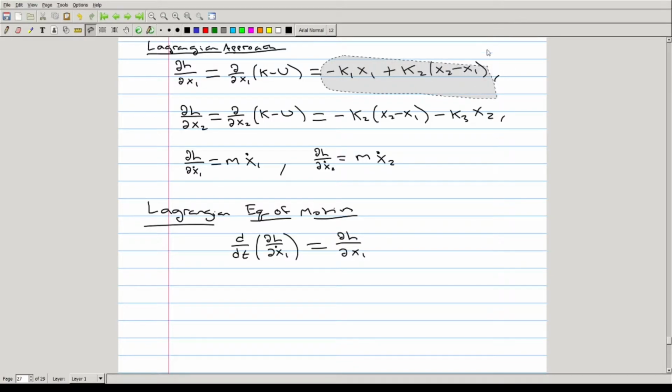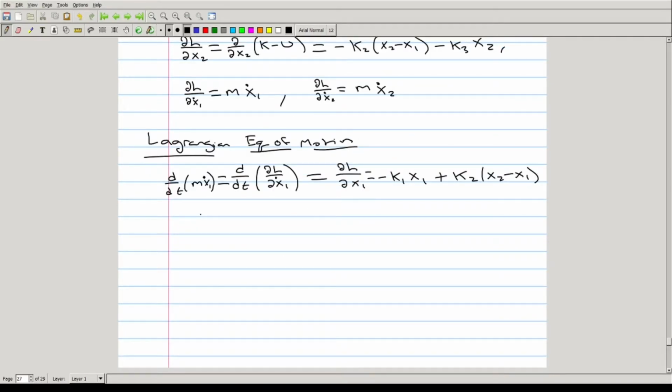So we have to have this computed dL/dx1 and we also computed this, because dL/dx1 dot is just m times x1 dot.